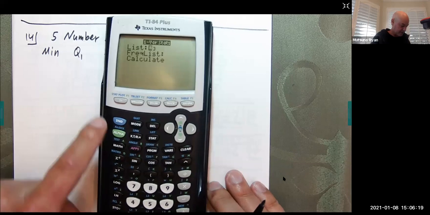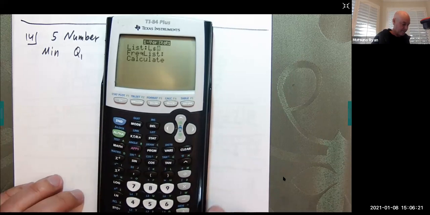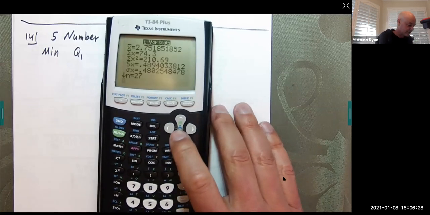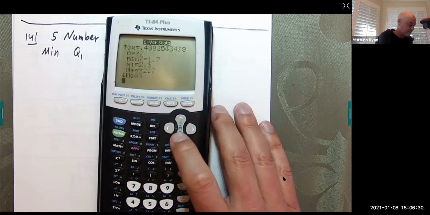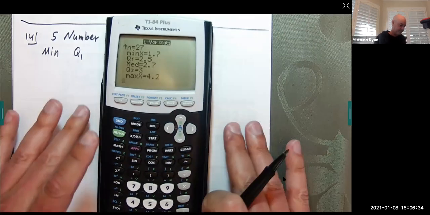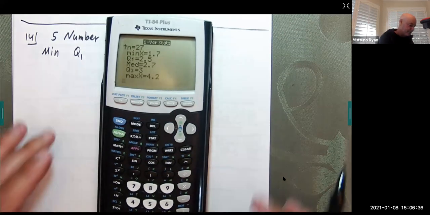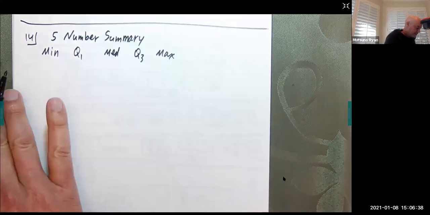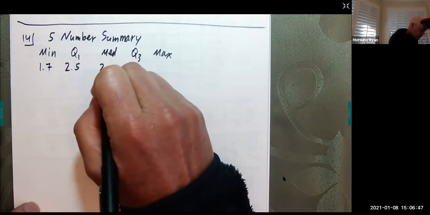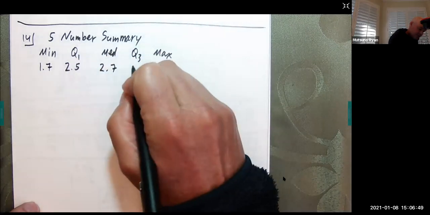So second L6. And we're going to calculate it. And very nicely, the calculator gives us all of the information that we need, which is really cool. So the minimum value that we hit was 1.7. Q1 is 2.5. Median is 2.7. Q3 is 3, and then 4.2.